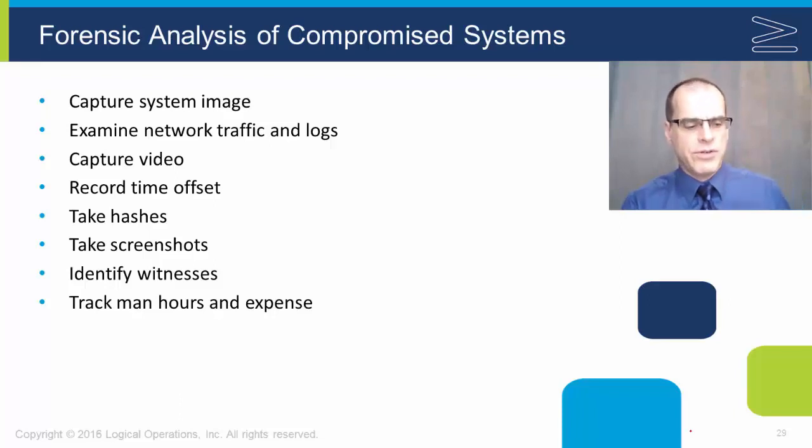We also want to take photographs of the overall physical crime scene so that we can keep track of things like where devices were in relationship to the system, were they connected, and if they were connected, exactly which ports were each peripheral device connected to. So we'll photograph and label all of the cables, all of the interfaces, and everything that is associated with the actual physical crime scene.